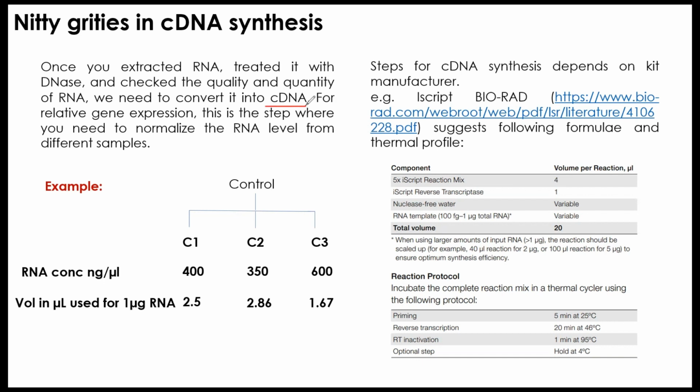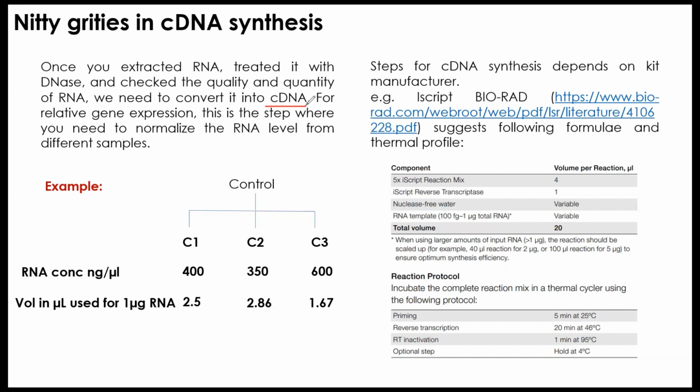So if you use uniformly 2 microliter from each of the three samples, then what will happen? For C1 you took 800 nanogram final amount of RNA. For C2, you took 700, and for C3, you took 1.2 microgram or 1200 nanogram, right? So if the initial material is different, then you will not be able to compare the gene expression.